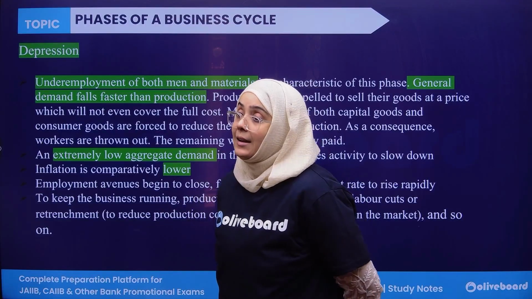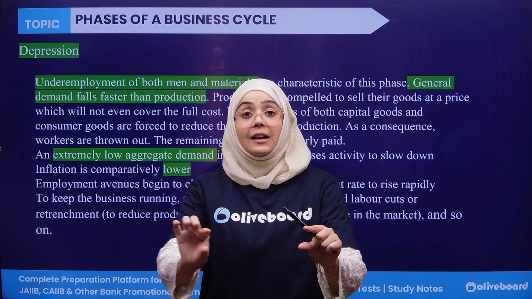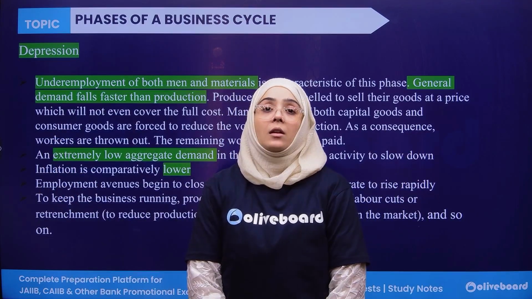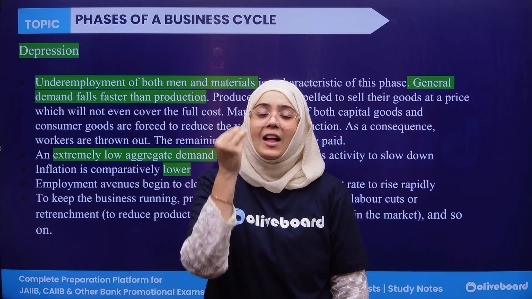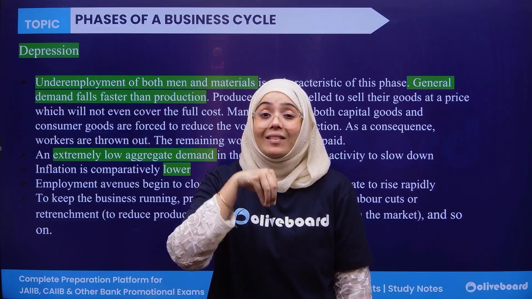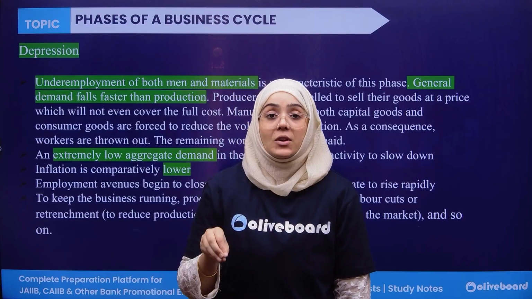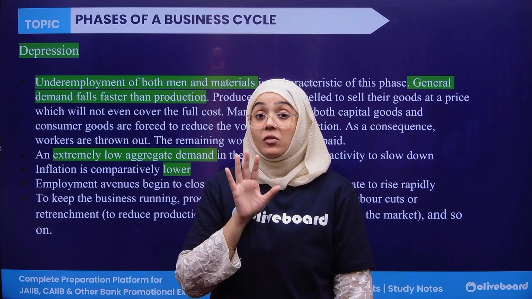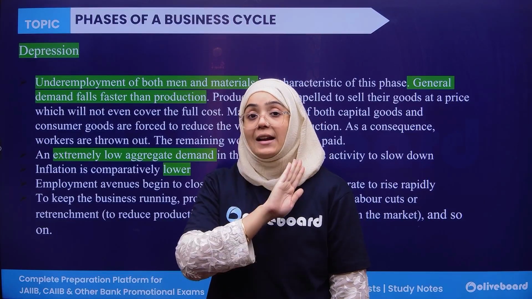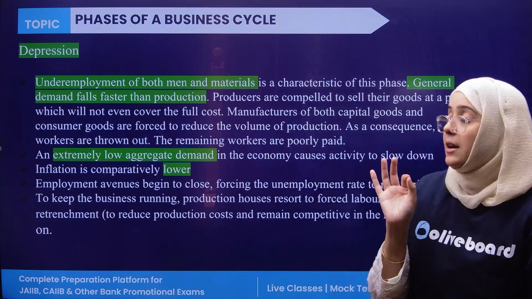It means that if every sector is experiencing the same thing, luxury, investments, basic necessities, and people have so little money that they can't afford even their basic necessities, then that situation is called depression.